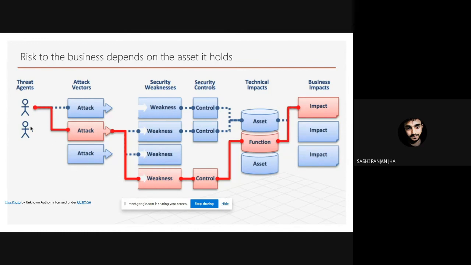But for an attacker, it is only one single point of entry that they need in order to gain full access over the website or over the system. So it is a very tough task to figure out all the possible ways.